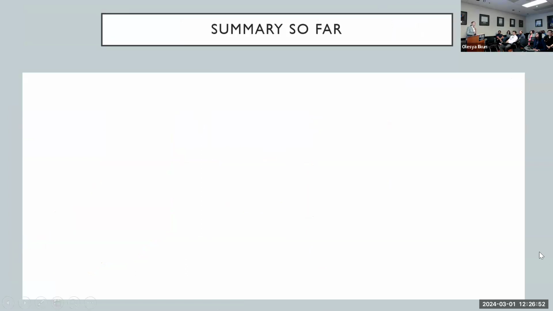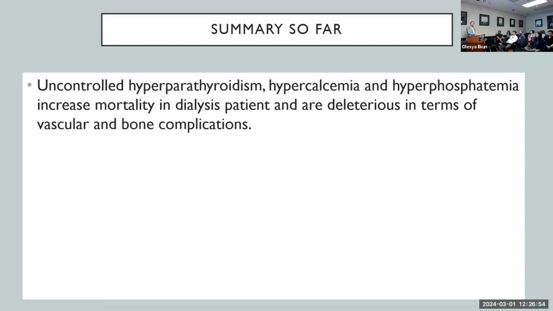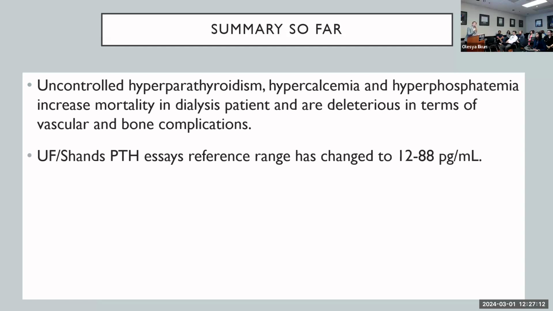All right. In our summary, so far, we talked that uncontrolled hyperparathyroidism, hypercalcemia, and hyperphosphatemia increase mortality in dialysis patients, including our patients, and are deleterious in terms of vascular and bone complications.